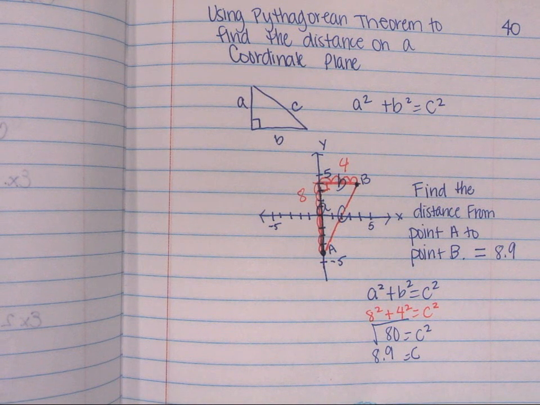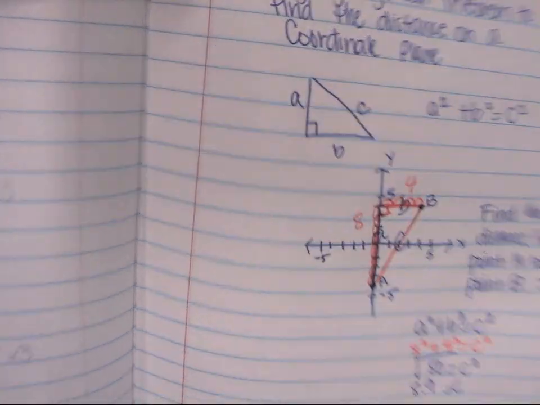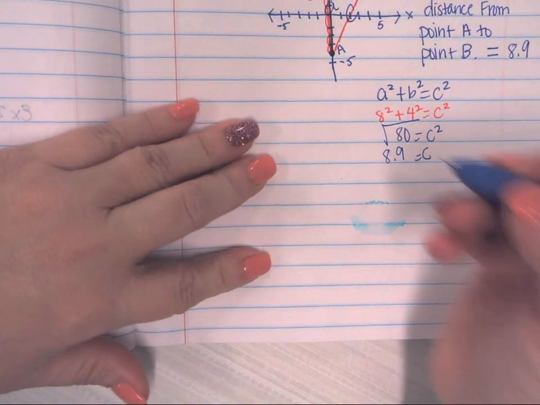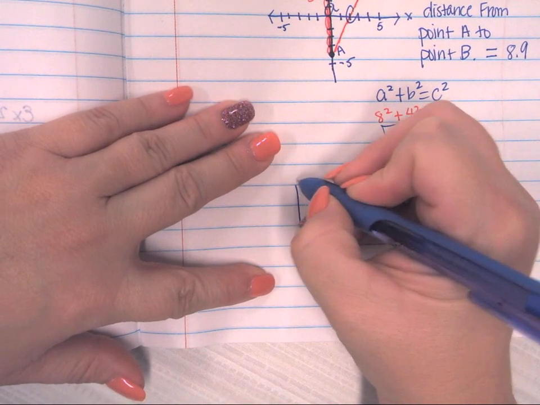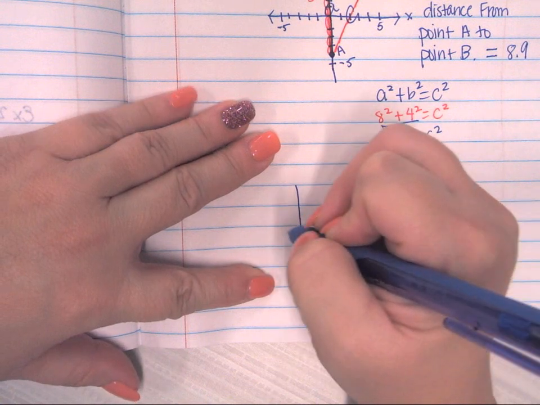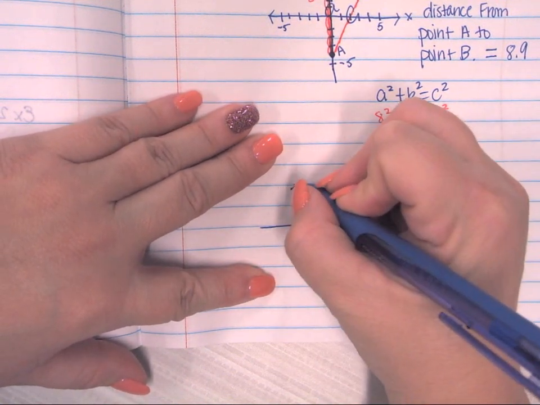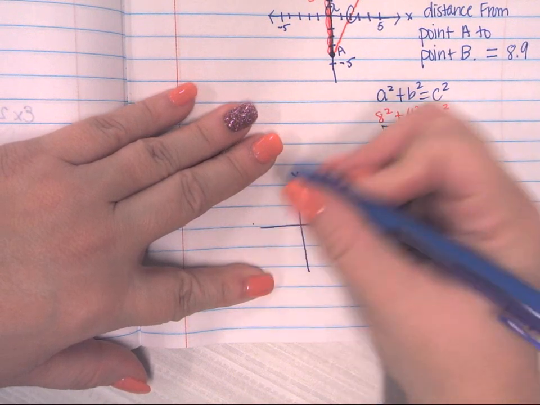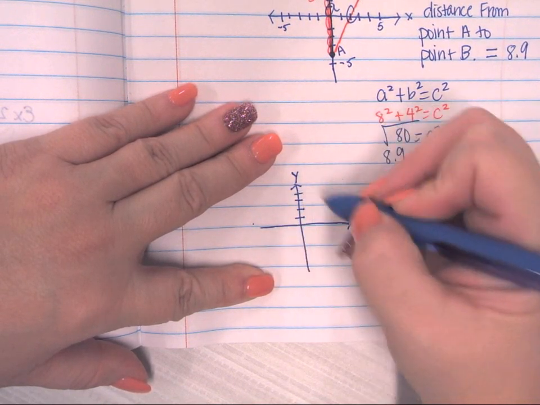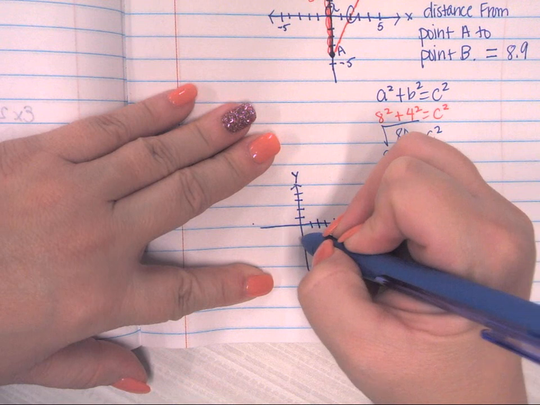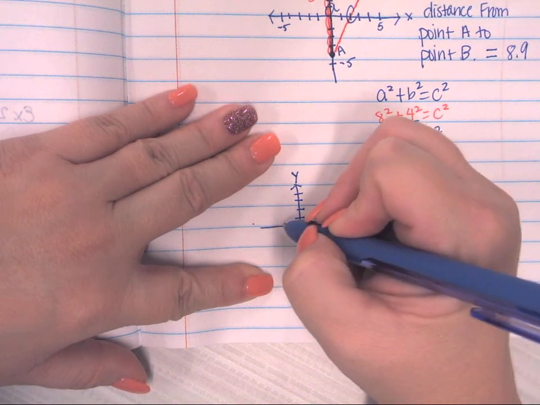Okay, let's try that again. I'm going to do one more before I send you off to do it on your own. 1, 2, 3, 4, 1, 2, 3, 4, 1, 2, 3, 4.